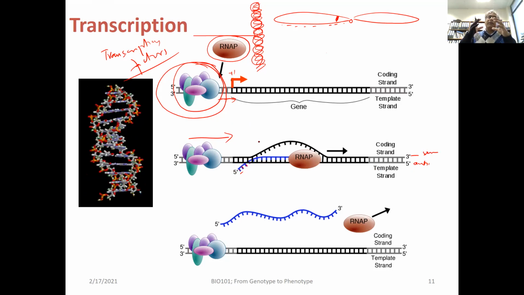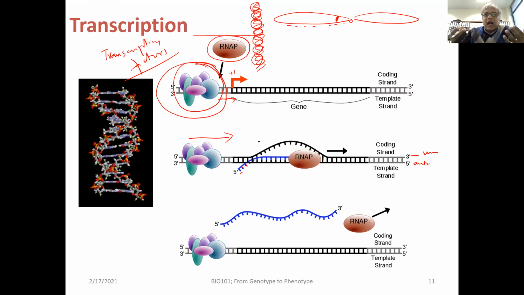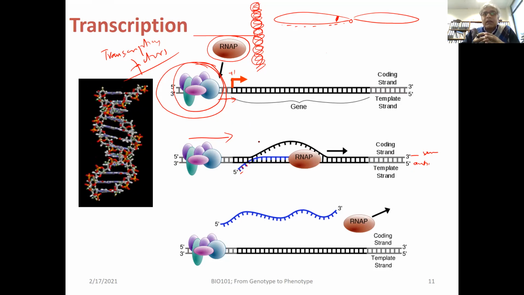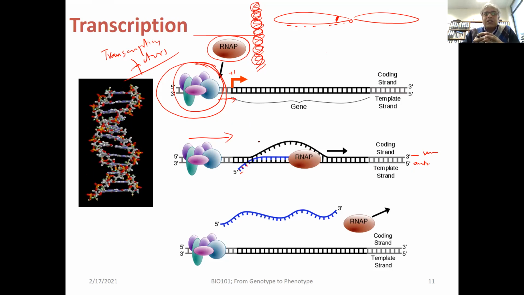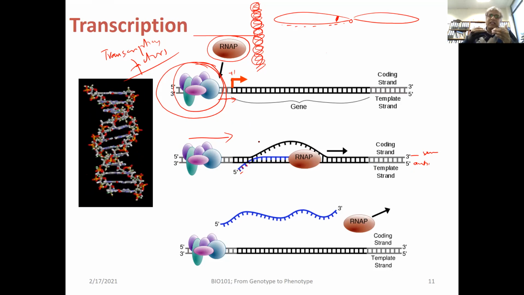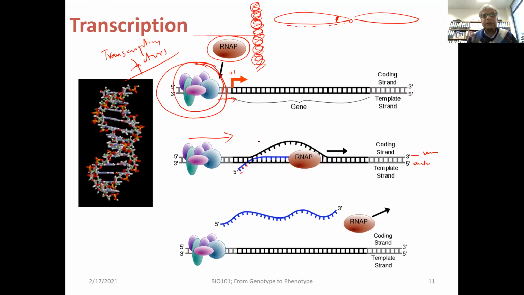Remember, RNA polymerase is an enzyme which can synthesize an RNA molecule de novo. It does not require a primer, unlike DNA replication, where we learned you require a primer. RNA polymerase can synthesize RNA from DNA without a primer.